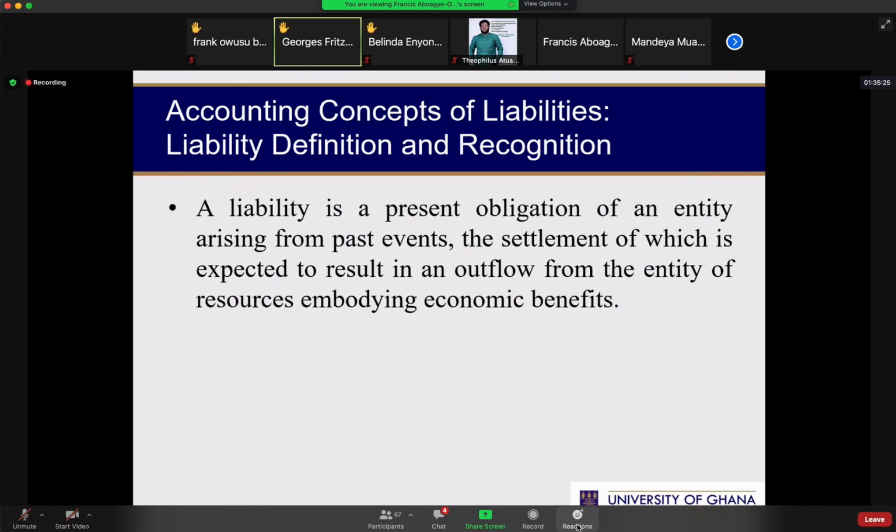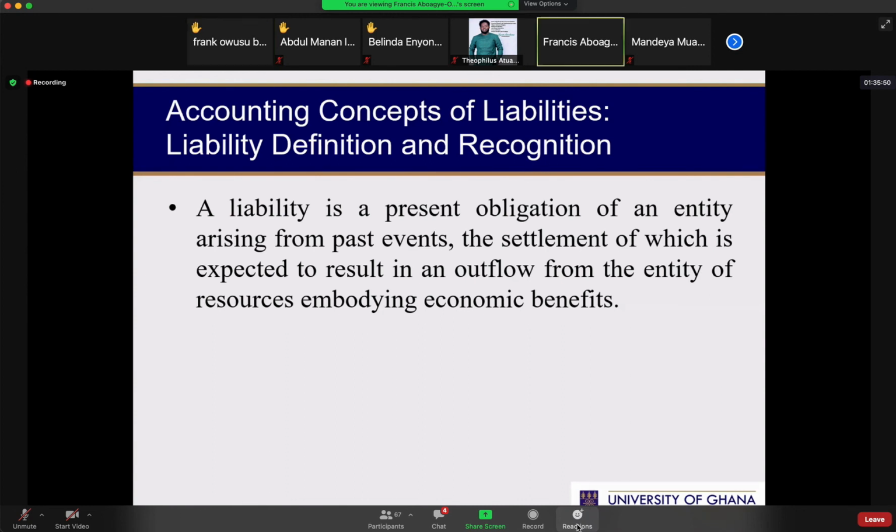Current liabilities are obligations of the business to persons other than the owners. Okay. Yes, Frank. Sir, liabilities are financial obligations that firms or organizations need to pay to other parties.